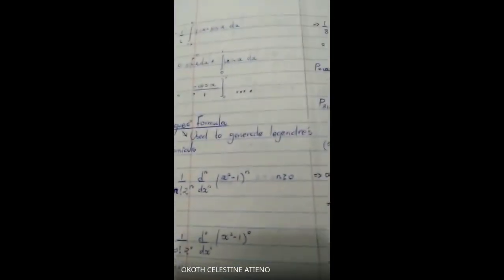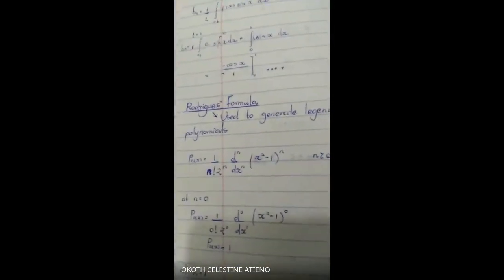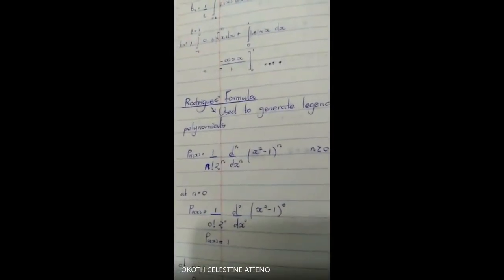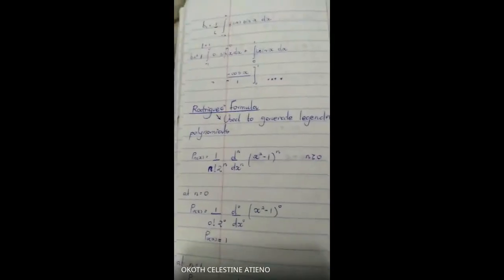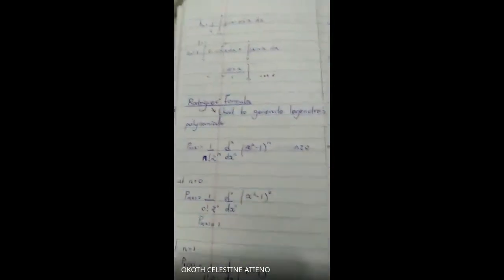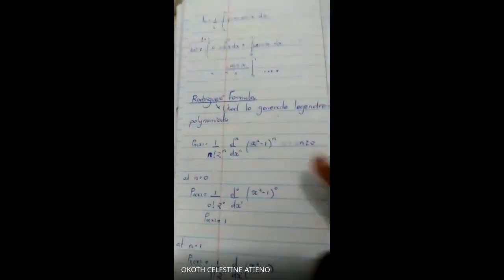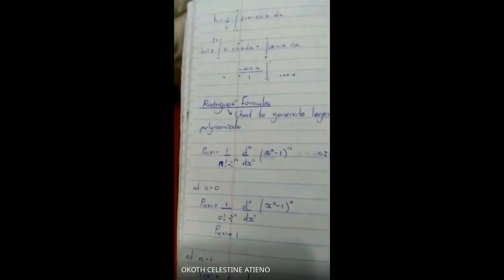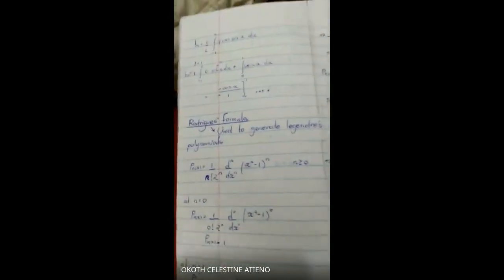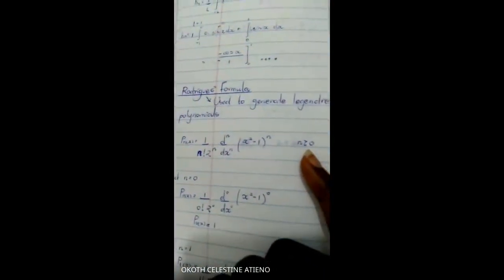It is the formula you use when you want to generate your Legendre polynomials. So for example, in Legendre we normally have P naught, P1, P2, P3 of x. It is the Rodriguez formula you use. So you have to remember this formula because it will help you to generate your polynomials.